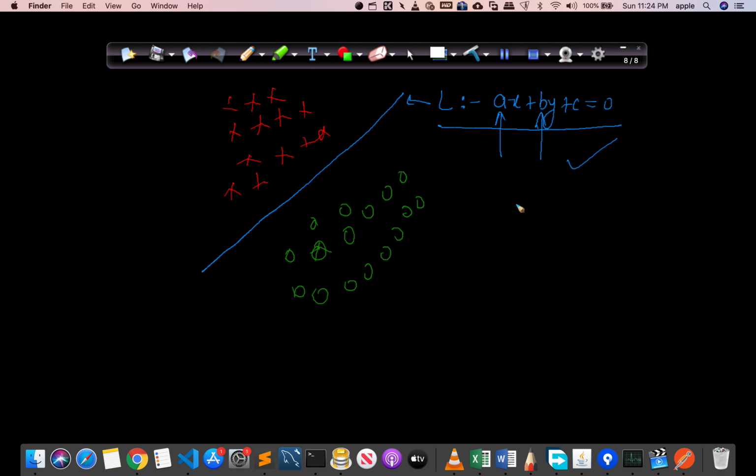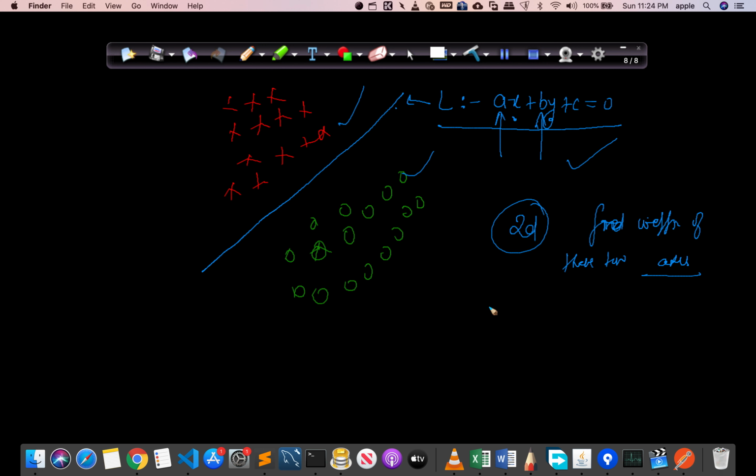So the problem boils down to getting the coefficients of the variables. This is two dimensions, so we have to find the coefficients of these two variables or axes. Once we get a and b, we can write the equation of this line and have a boundary that will separate these 2 types of points very easily.